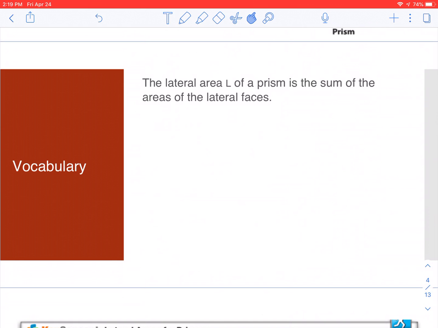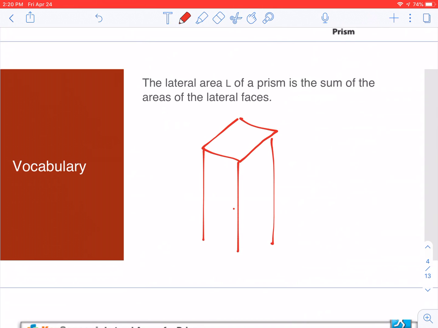The lateral area of a prism is the sum of the area of the lateral faces. So if we draw something like this, I don't know how good my drawing is going to be, there's our rectangular prism.